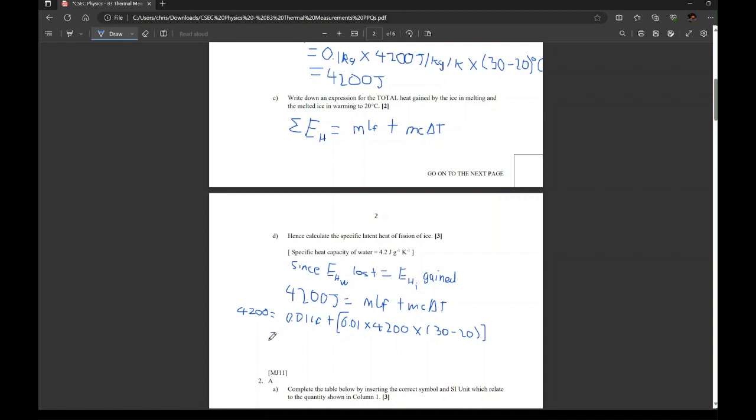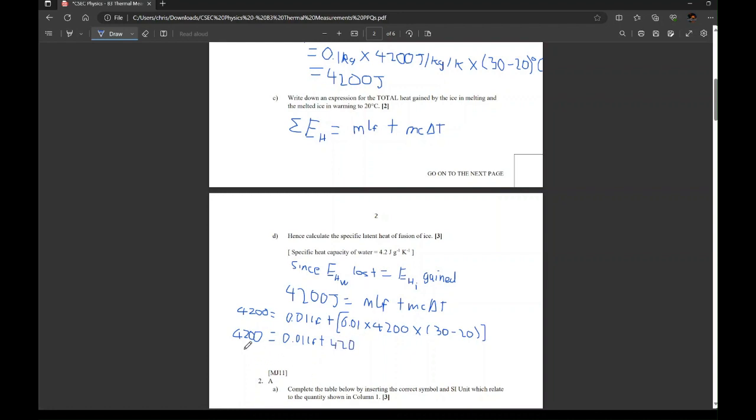Okay, so with a little bit of algebra and some calculations, we're going to get that 4,200 is equal to 0.01 LF plus, let's type this into the calculator, plus 420.